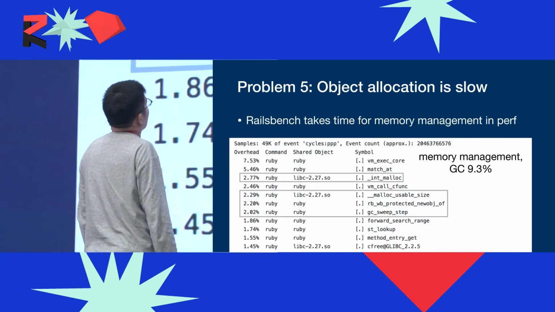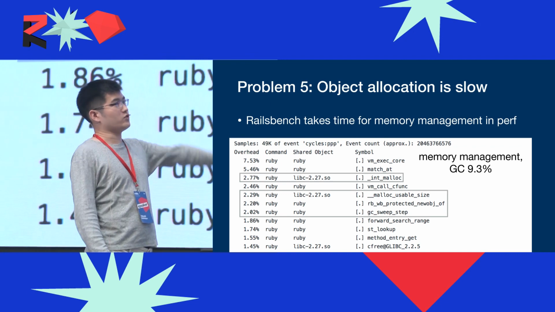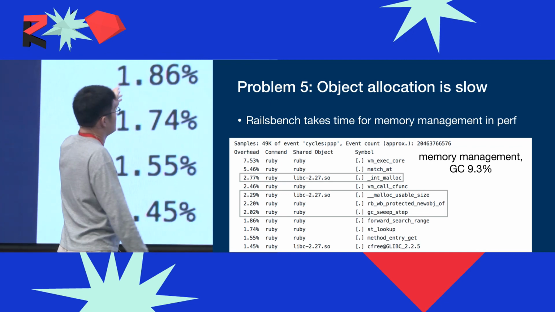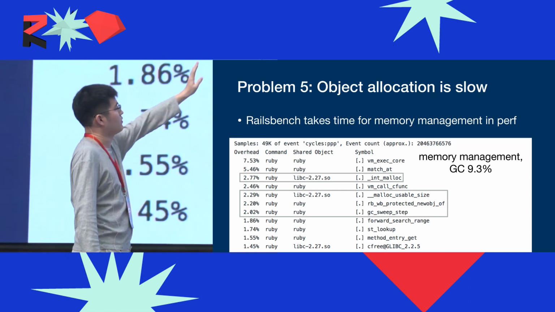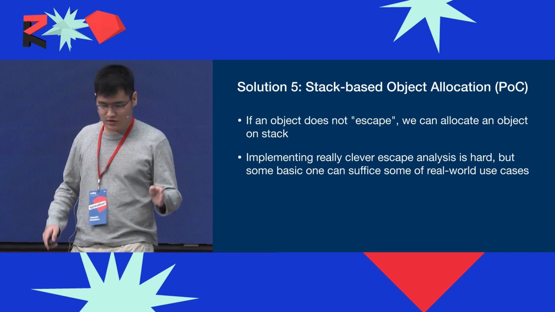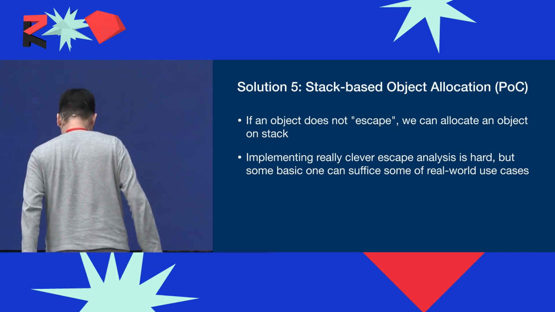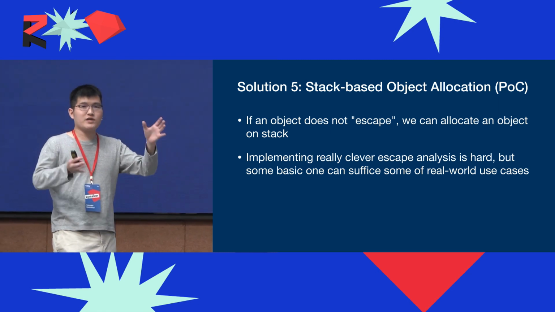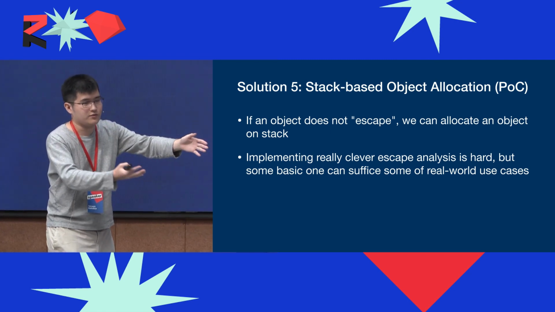These performance metrics indicate that Rails applications spend a lot of time on GC and malloc memory allocation. This optimization approach allocates the object on the stack instead of the heap.